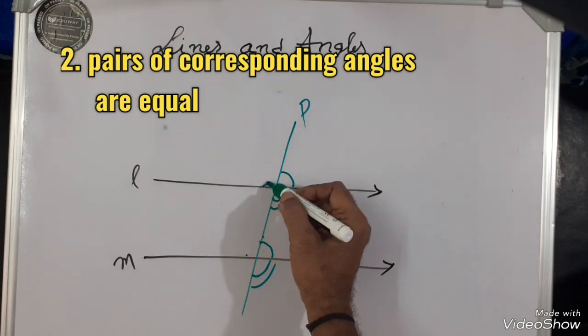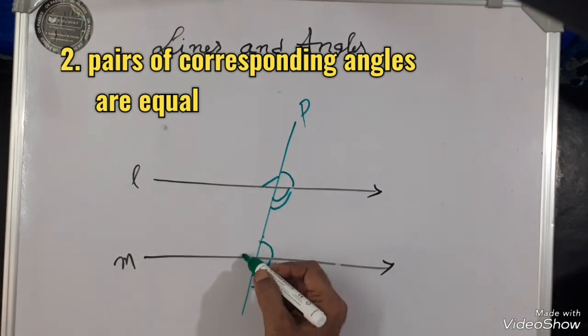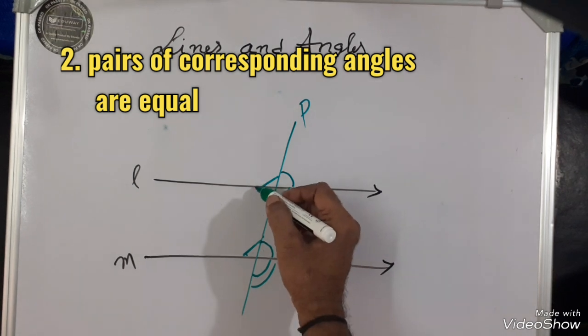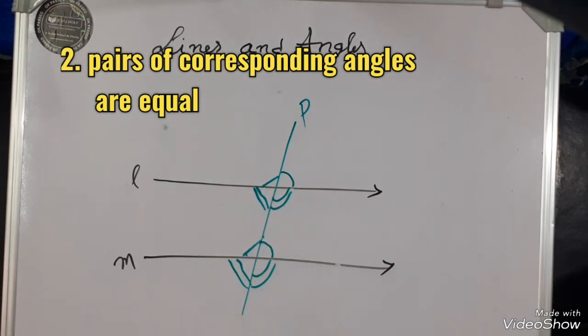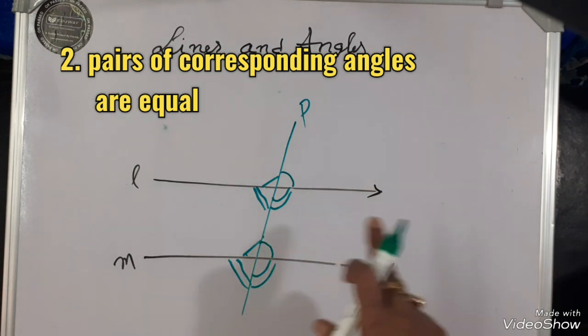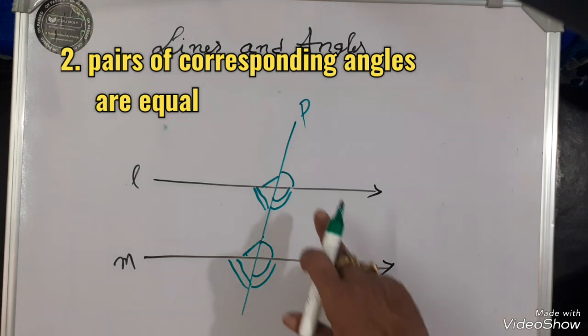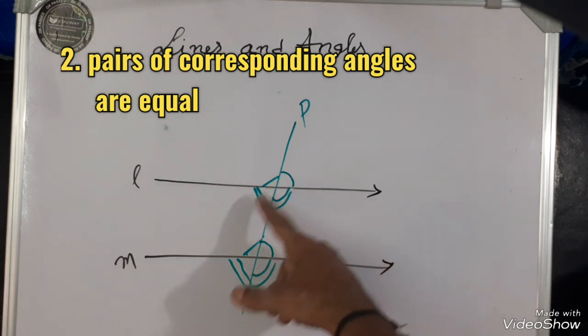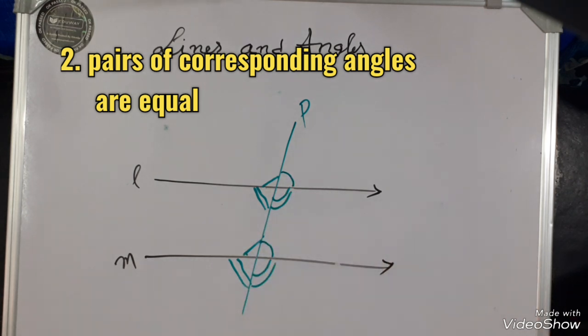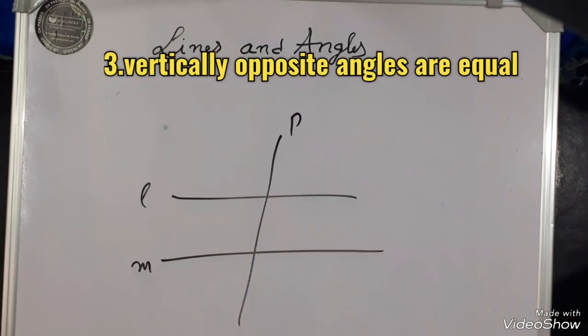And this angle is equal to this angle, since they are corresponding angles. So when two lines are parallel, pairs of corresponding angles are equal. How many pairs here? 4 pairs are equal.